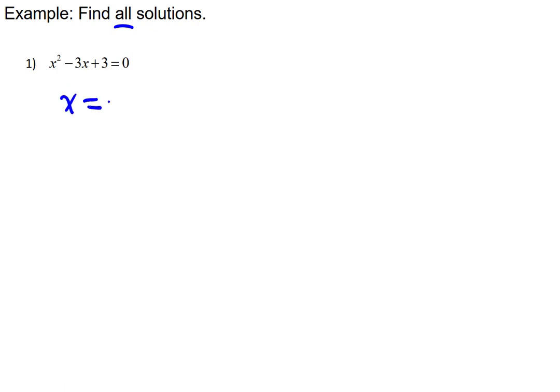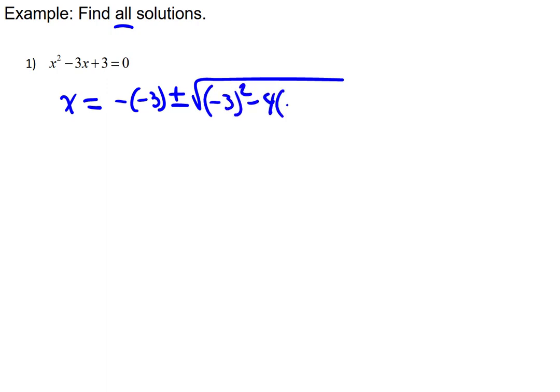If we plug things in carefully, we'll have x equals negative 3, that's negative b, plus or minus the square root of b squared, that's negative 3 squared, minus 4 times a, which is 1, times c, which is 3, and that's all over 2 times a, which is 1.